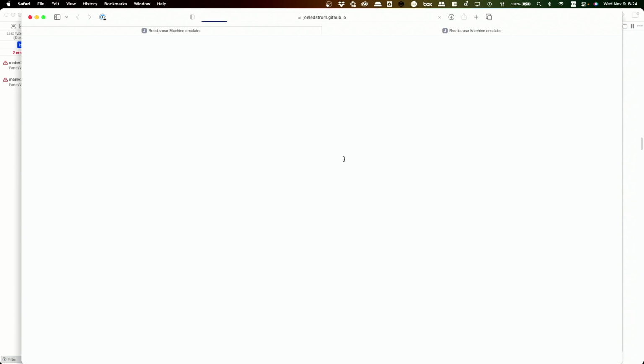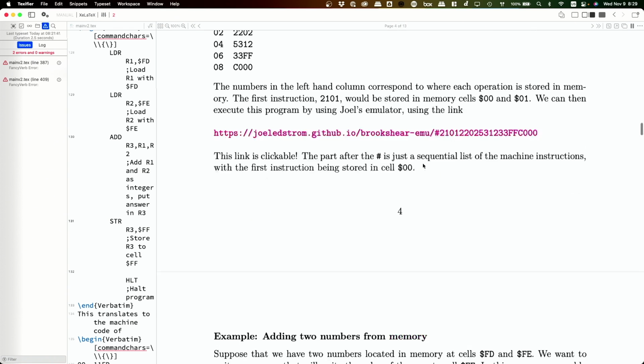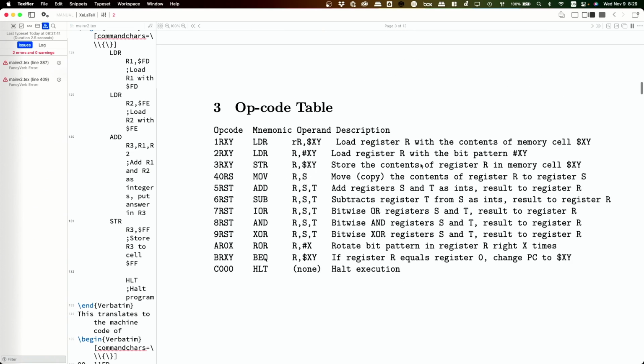And now, how do I know that? Again, we go back to the table, right? You're not going to memorize this table. And I realize looking at it, I need to make a few modifications to it. But how are you going to know the difference between opcode 1 and 2 unless you have the table? You have no way really of knowing.